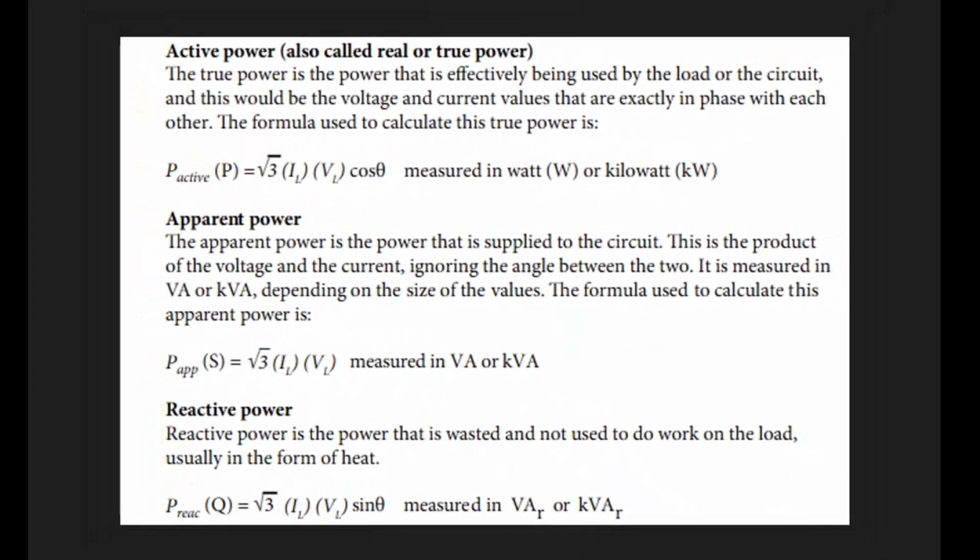Right, moving on, we have something called active power. Active power is also the real or the true power. This is the actual power that the person would pay for. So power is equal to root 3 IL VL cos theta. What is cos theta? Cos theta is the power factor. What is theta? Theta is only the phase angle. So if you get a decimal value in an exam like 0,8 or 0,9, you will substitute that whole value as cos theta, not as the phase angle.